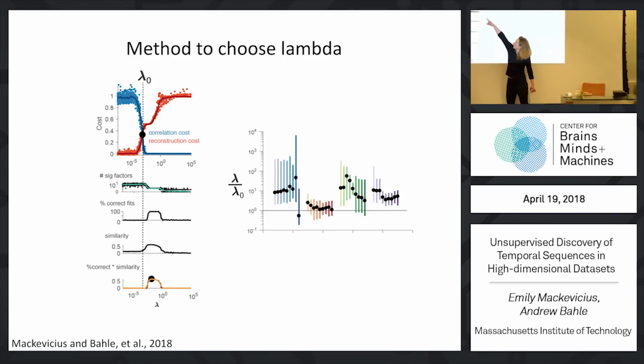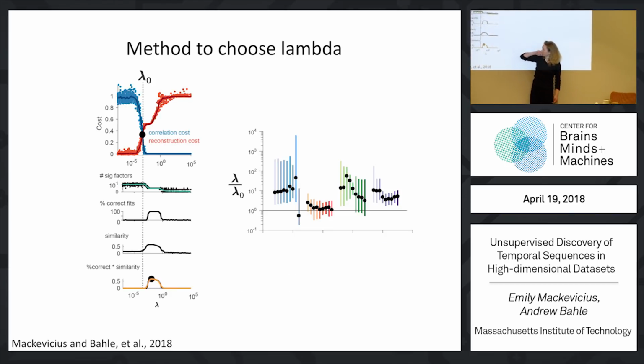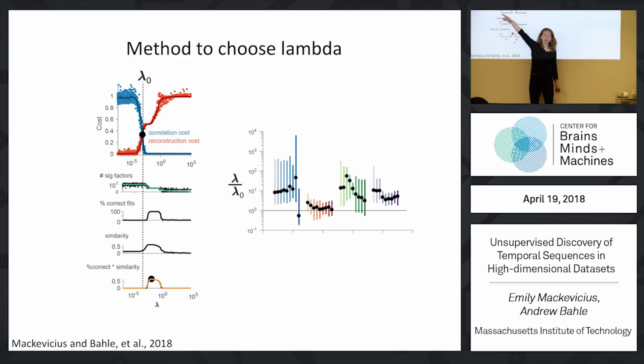So this was a 3-sequence case, and this is showing how many significant factors there were. You can see there's a plateau at 3 for a range of lambdas that's spanning a couple orders of magnitude. But if you go too high or too low, you're not getting the correct number.